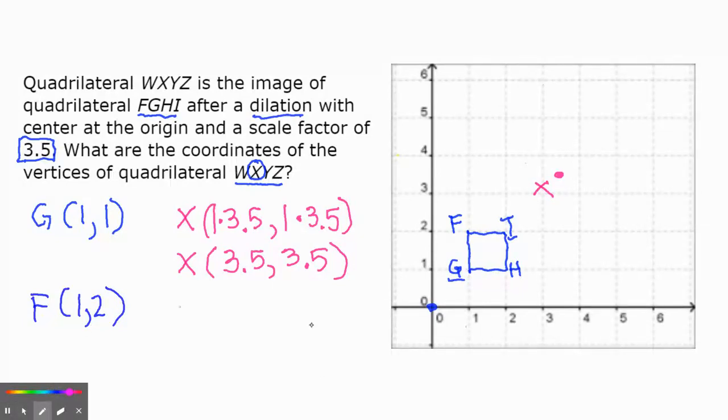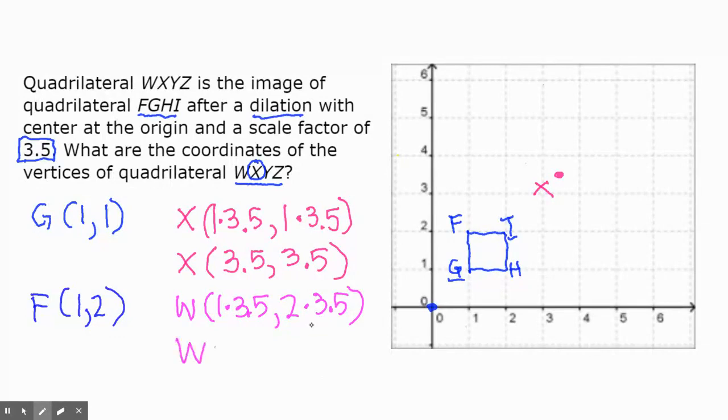So my new coordinates for W are 1 times 3.5 and 2 times 3.5. So my new coordinates for W are 3.5 and 7. And 7 is not on there, but I will try to place it as best as I can. 7 is going to be about here, I'd say. Okay, so that is my W.